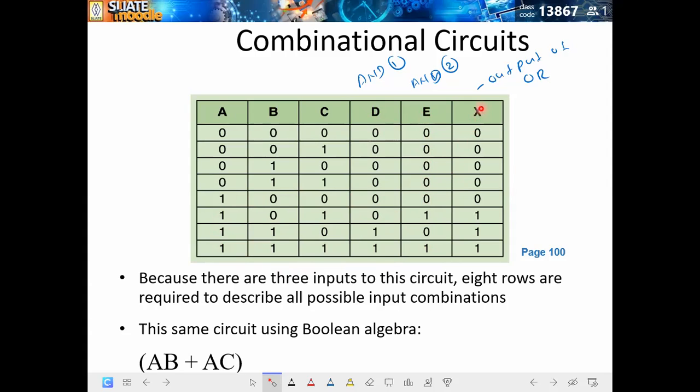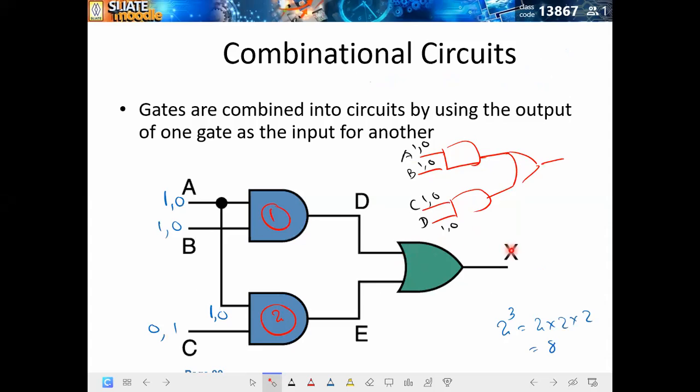Then now we have to fill this X. How can we fill X? Let's see. Here, X is the output of the OR gate.